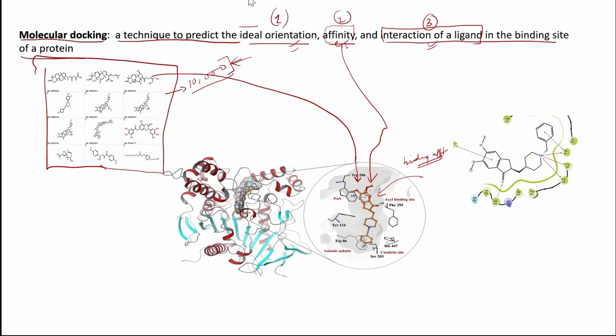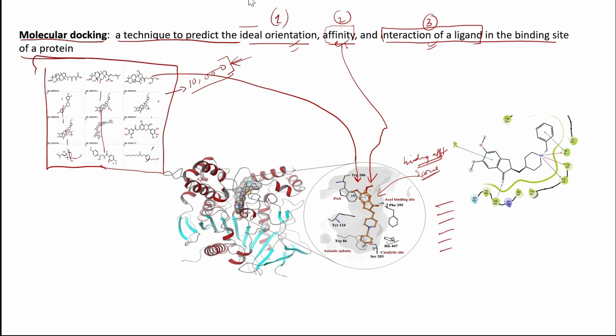So if you understand your drug target and what you are looking for, let's say I would be looking for interaction at the catalytic residues, okay, near the catalytic residues.